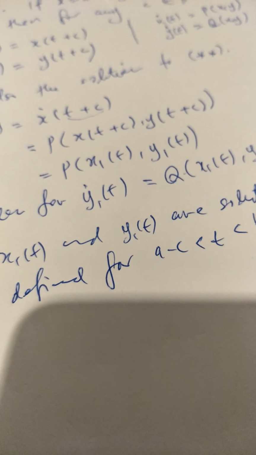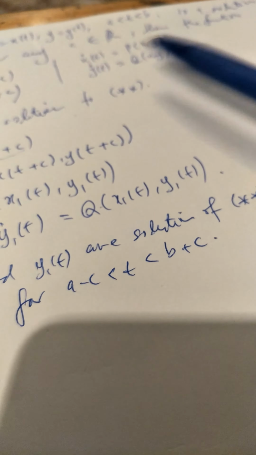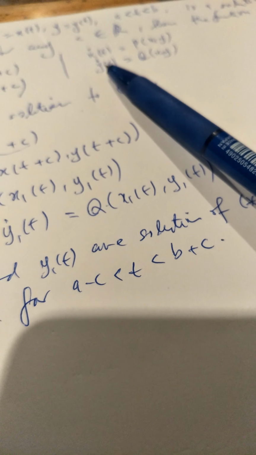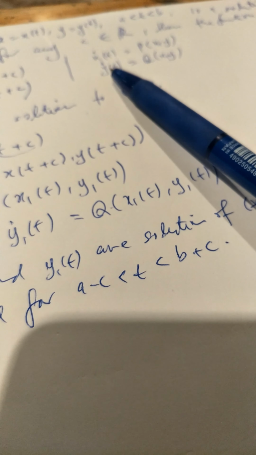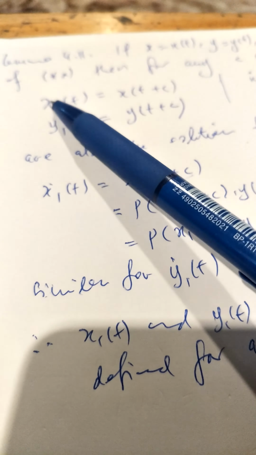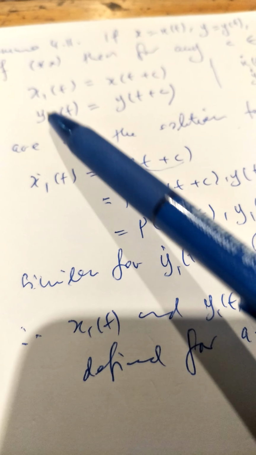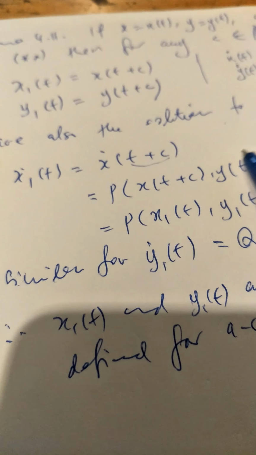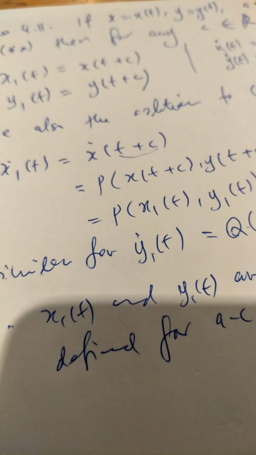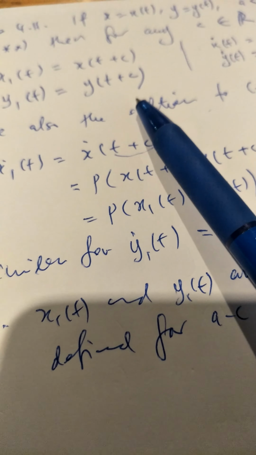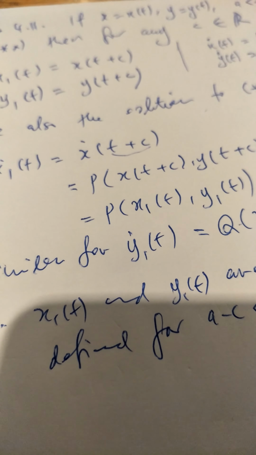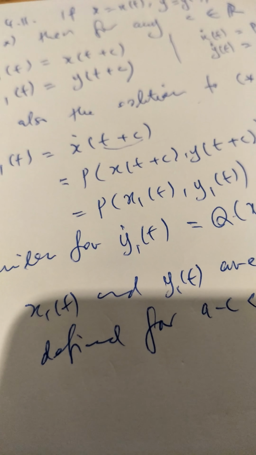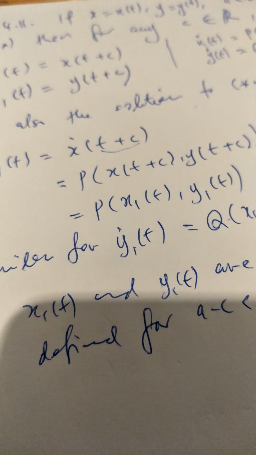This lemma also applies to higher dimension autonomous systems, which means not just x1 and x2, even if you have x1, x2, x3, x4, and so on, as long as they satisfy the system, the translation is also a solution to our autonomous system.